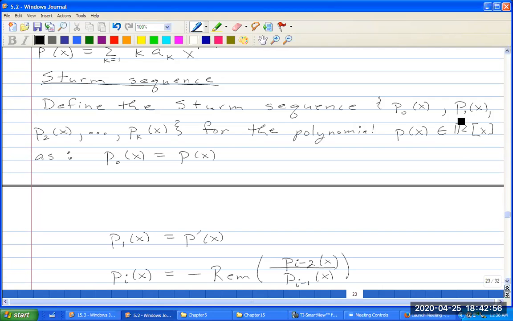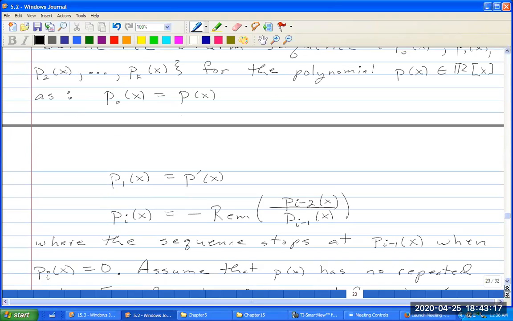So I'm just going to look at real coefficients, the same sort of case as Descartes' rule of signs. The Sturm sequence is: p sub 0 of x is just defined as your original polynomial p of x. p sub 1 of x is defined as the derivation of p at x.